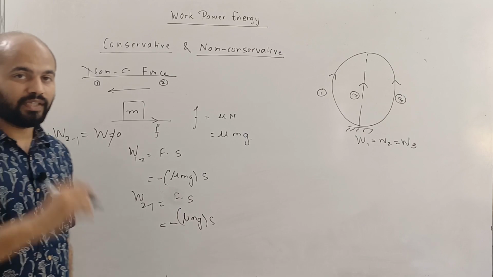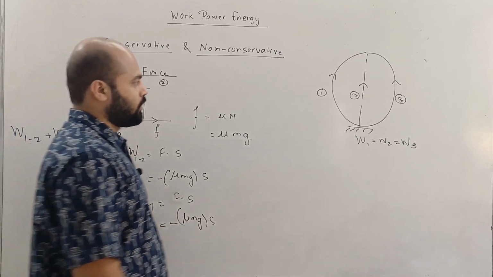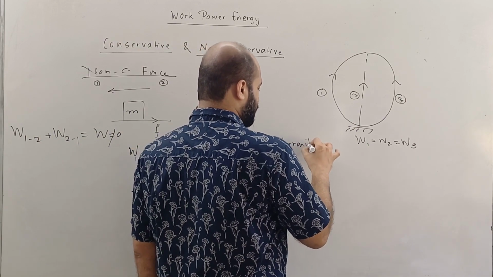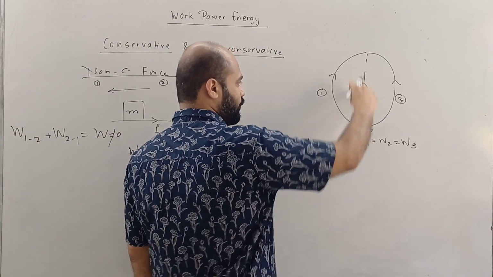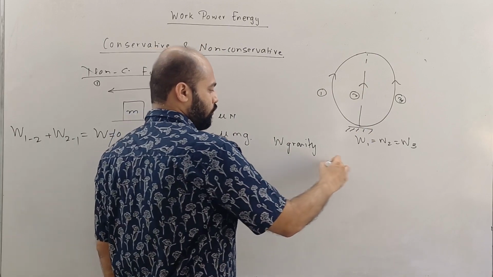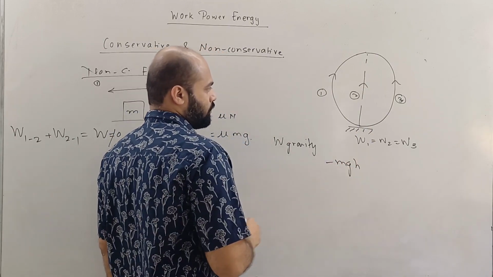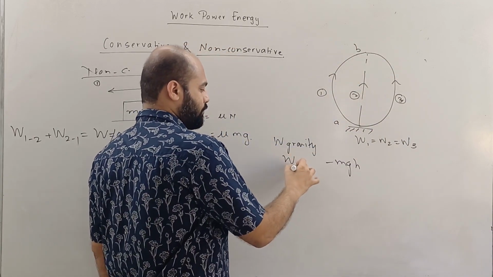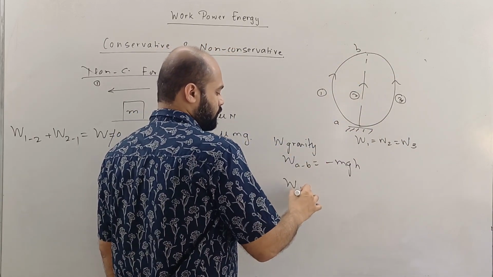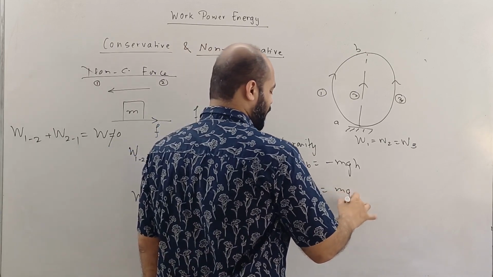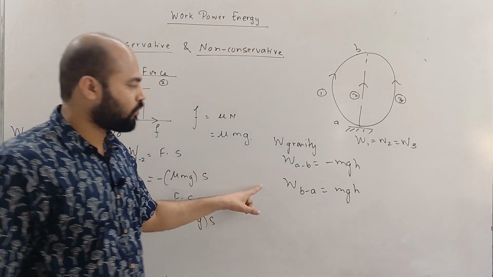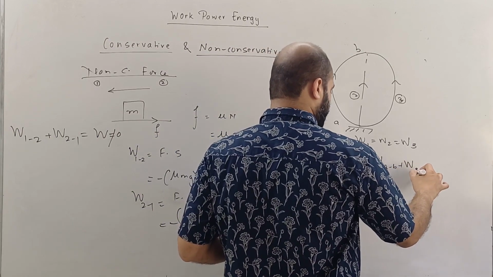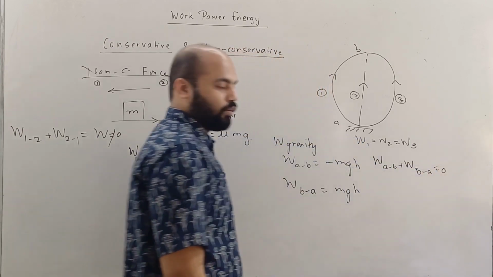However, if you observed in the last case of conservative forces, work done by gravity to take it from position A to position B was minus mgh, and work done from B to A was mgh. So if you add both of them, work done from A to B plus work done from B to A turns out to be 0.